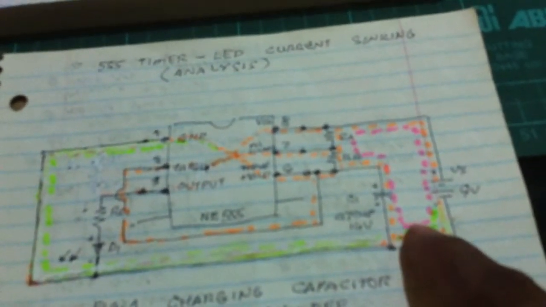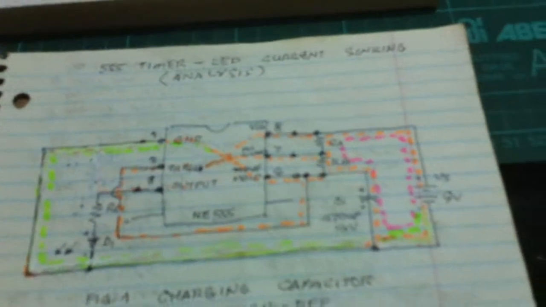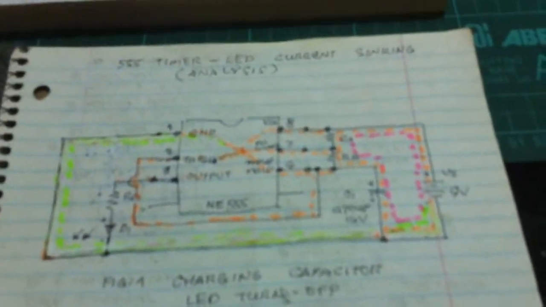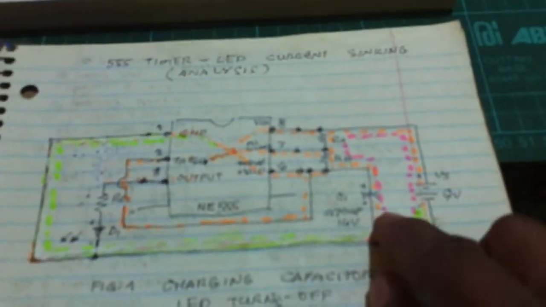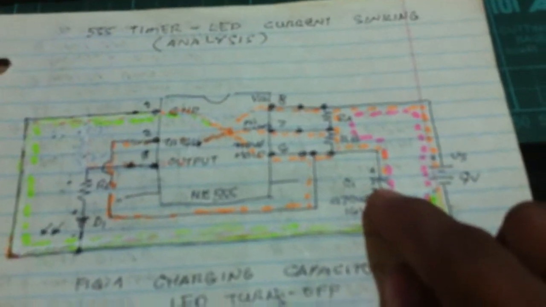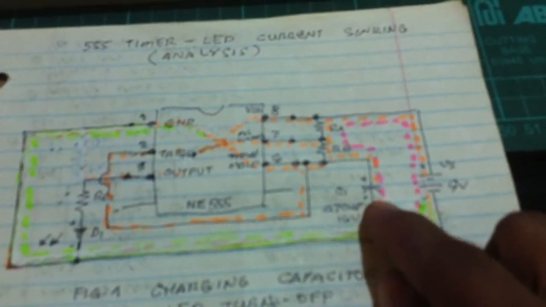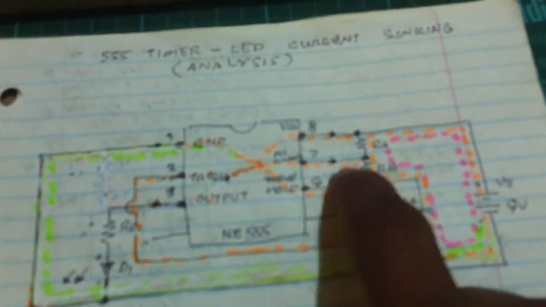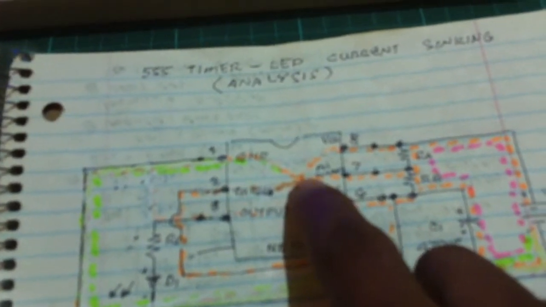When the capacitor is charging, almost all the current energy from the voltage supply goes into the capacitor. Almost everything. Still, a little current flows here to pins 6, 7, 8, and also pin 2, and meets here in the internal circuit of the 555.